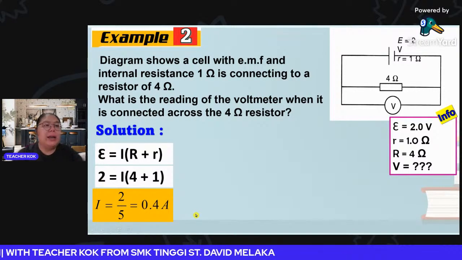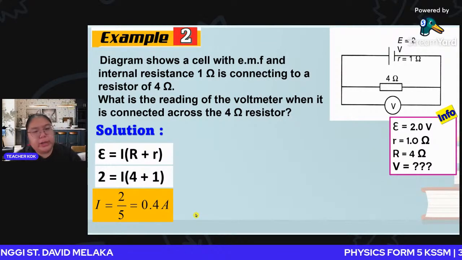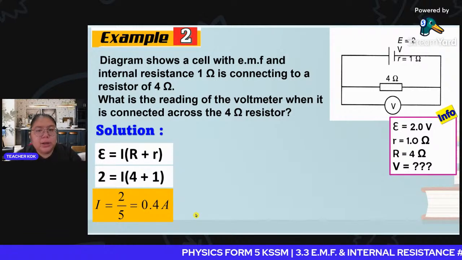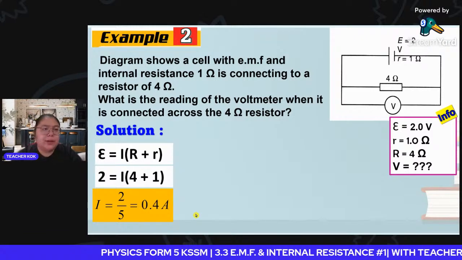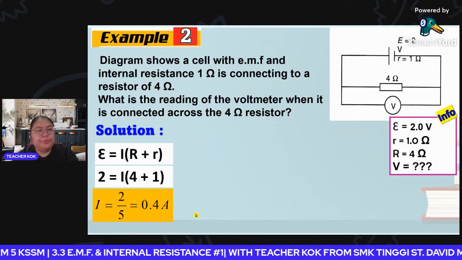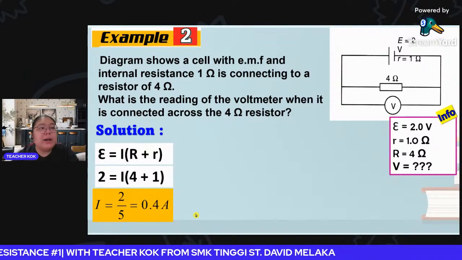So from here, I leave the student to do it: how to find the voltmeter reading. Okay, students, please start now. I want V equal how many? The first part I helped you already.